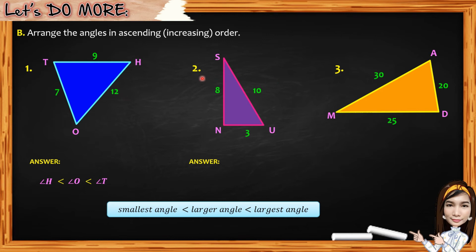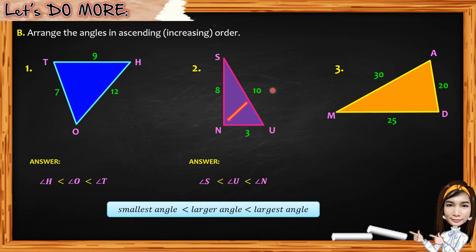Now for number 2, in triangle SUN, the smallest angle is angle S, which is the opposite of the shortest side, NU, 3, less than the larger angle is angle U, which is the opposite of the longer side, SN, 8, less than the largest angle is angle N, which is the opposite of the longest side, SU, 10.